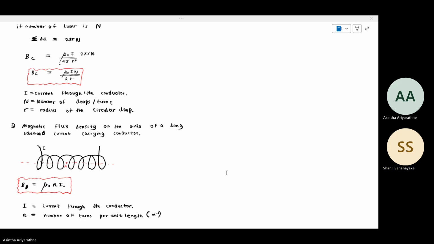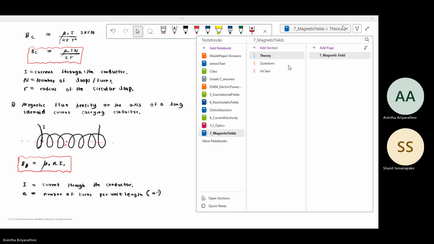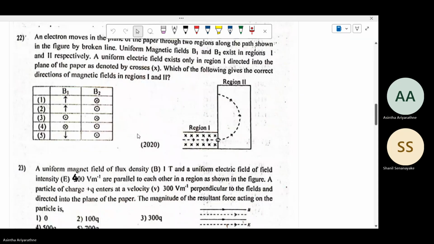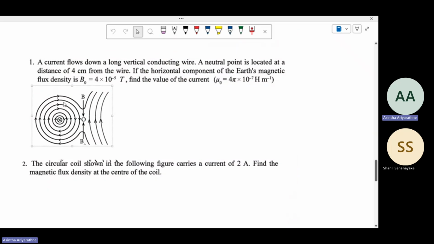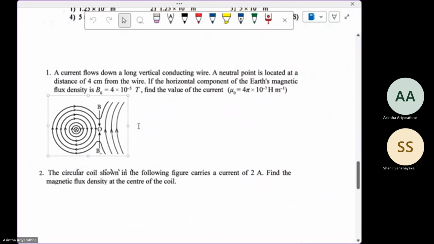Done, sir. Then let's try some questions. So first try this one. The first one. A current flows down a long vertical conducting wire.